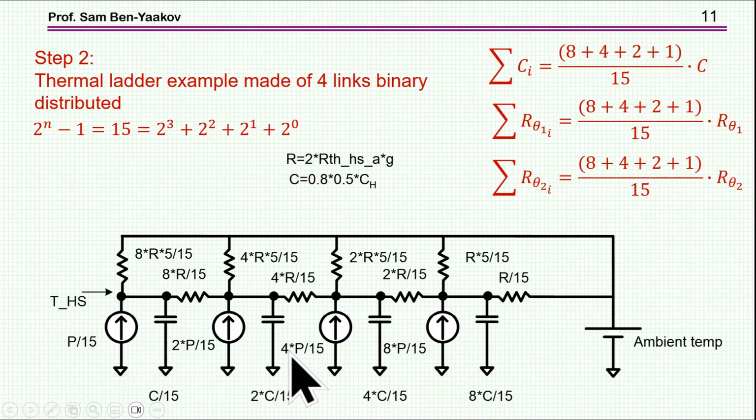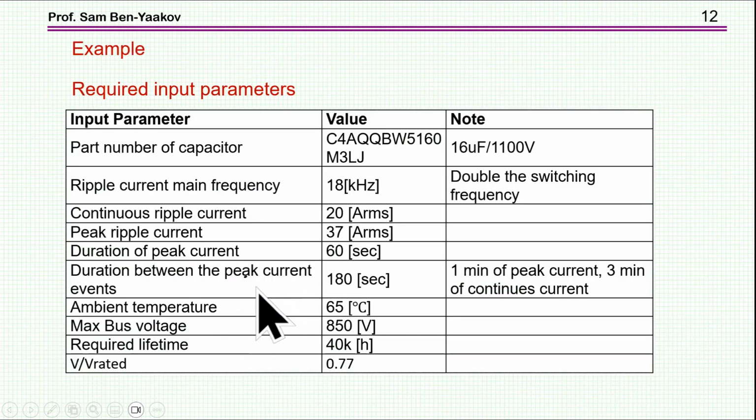Eventually we're going to compare it to the single unit. Now the information that you need, of course, is the type of capacitor we are working with: 60 microfarad, 1100 volt, switching frequency, the ripple current. Now we have a profile in which we have continuous current, then we have a maximum ripple current of 37 amp for 60 seconds, and then it repeats itself every 180 seconds.